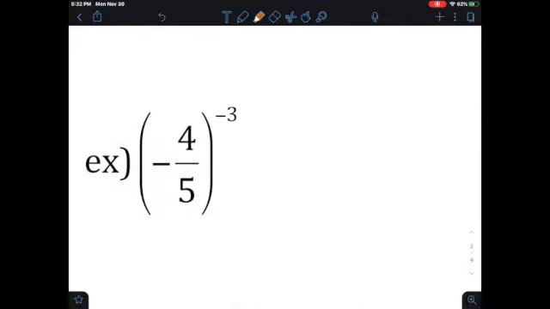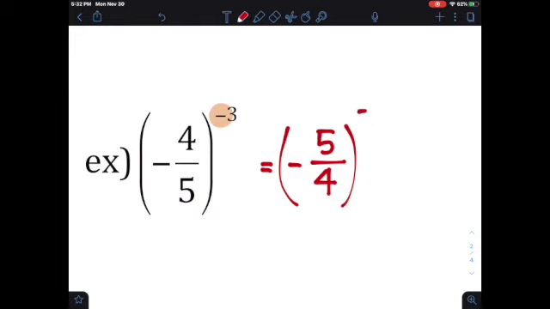Now, because that negative sign is right here, it is not the sign in front of the fraction, so we keep that negative sign. So it really is flip top and bottom, but everybody to the 3rd power. Does that make sense?